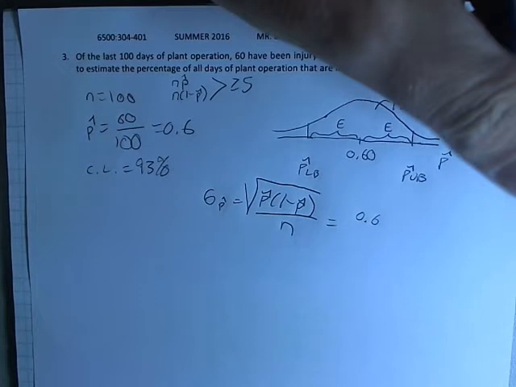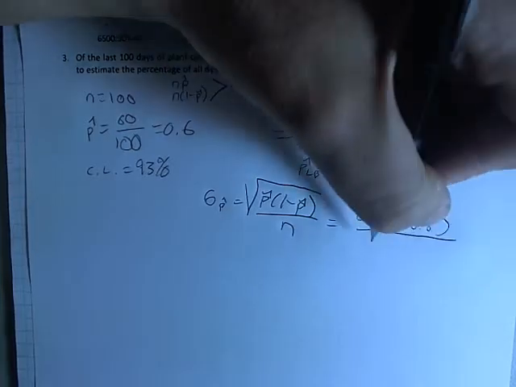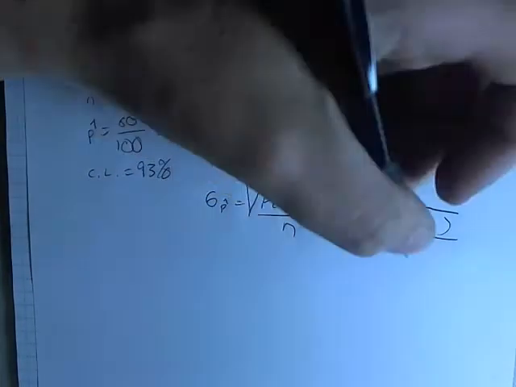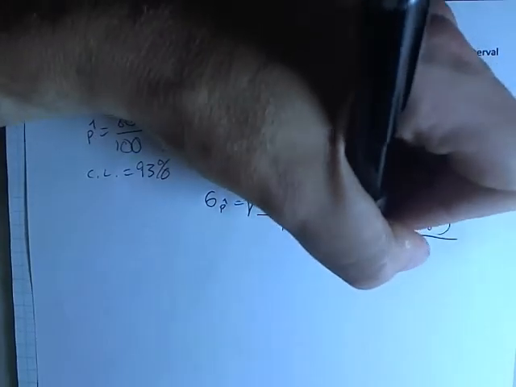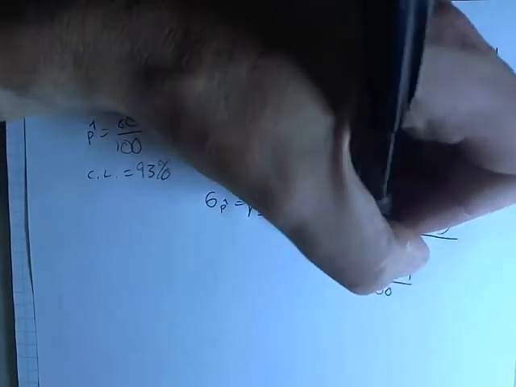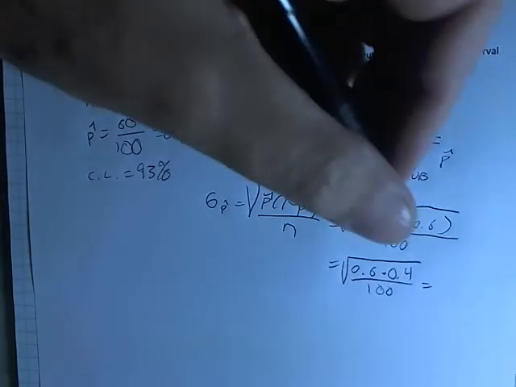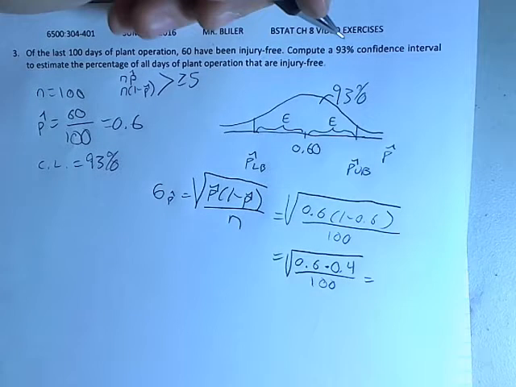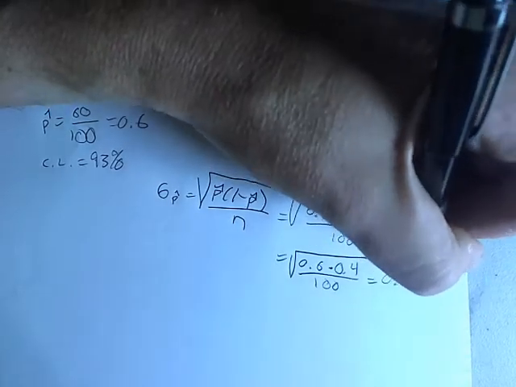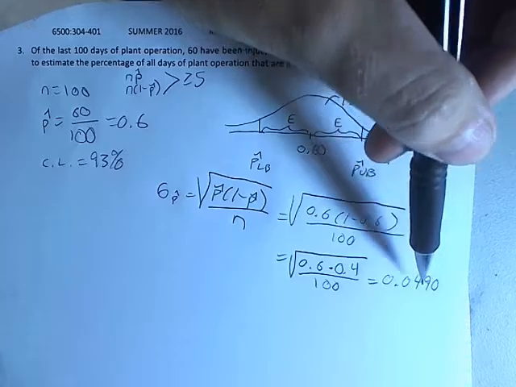P hat is 60%, 1 minus p hat, sample size is 100, and in simplifying this, we'll have 0.6 multiplied by 0.4 divided by 100, square root that, and if we do the math on that, we'll come up with a standard error of 0.0490, or 4.9%.